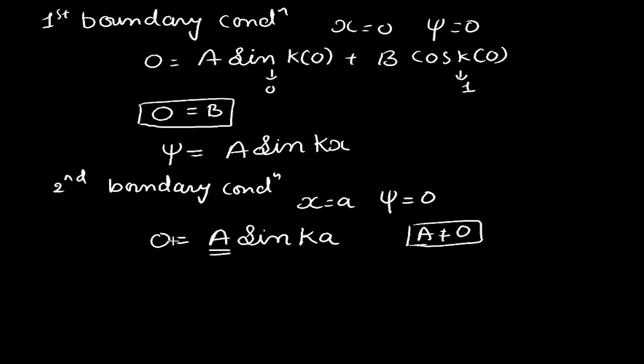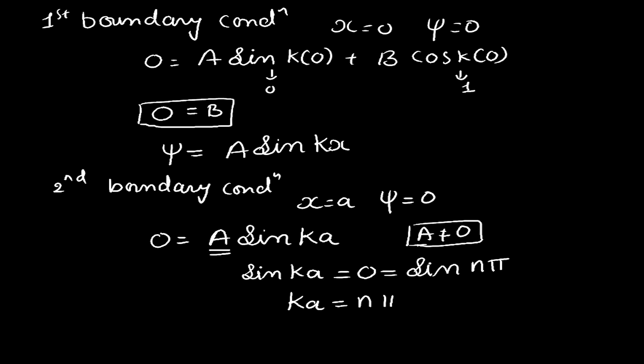So obviously to make the multiplication of both these terms equal to 0, sin ka will be equal to 0, and we know that sin ka will be equal to 0 when we have sin n pi, that is when n is equal to 1, 2, 3, 4 and so on. Then sine of n pi is equal to 0. So sin ka will be equal to sin n pi, and hence we could write ka will be equal to n pi. So the value of k that we are getting is n pi by a.